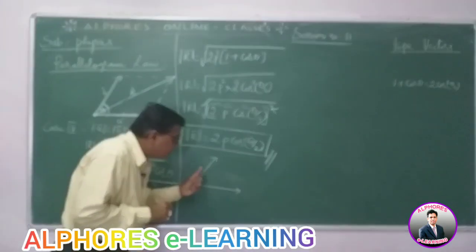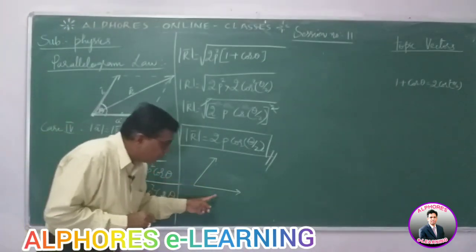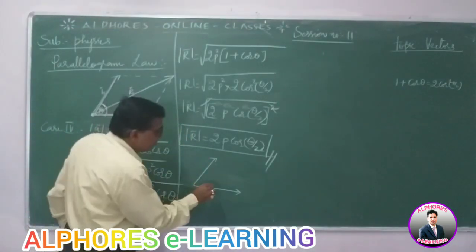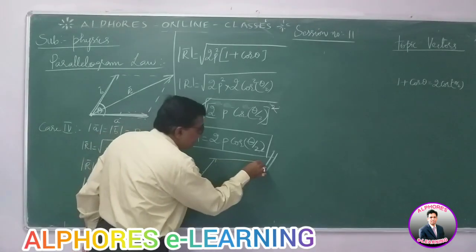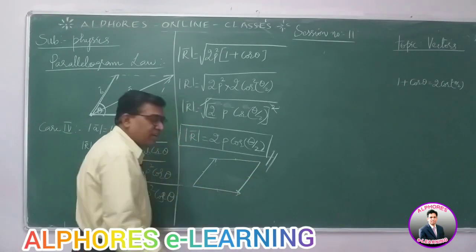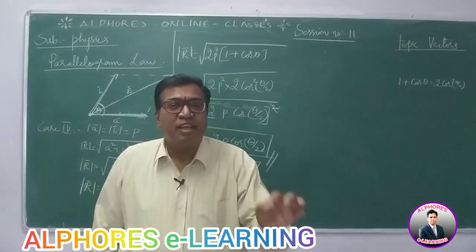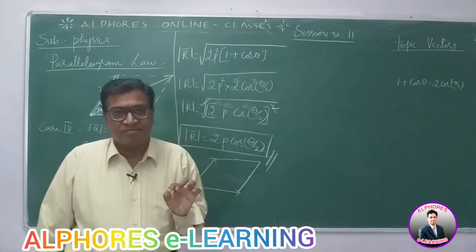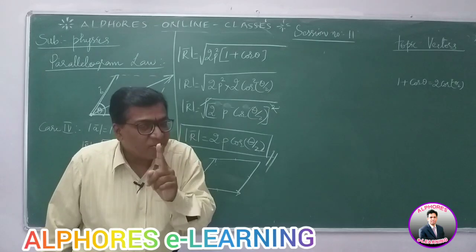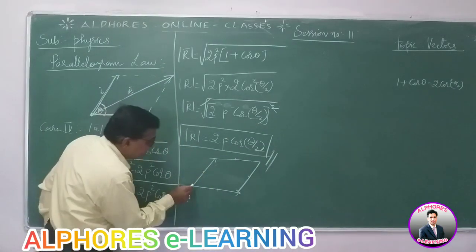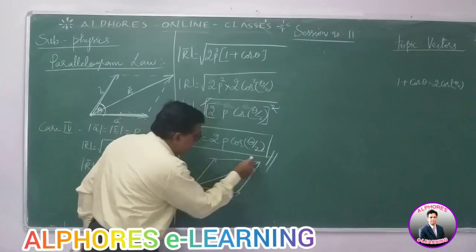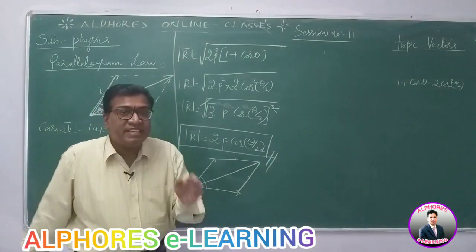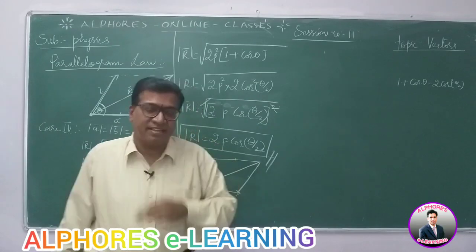Now both vectors are of same magnitude, so the adjacent sides are equal. If I complete the parallelogram, even these two are equal. All the sides are equal. A parallelogram in which all the sides are equal is a rhombus. And in a rhombus, the diagonal of the rhombus divides the angle in equal parts.